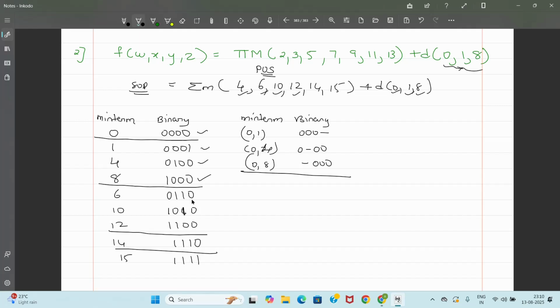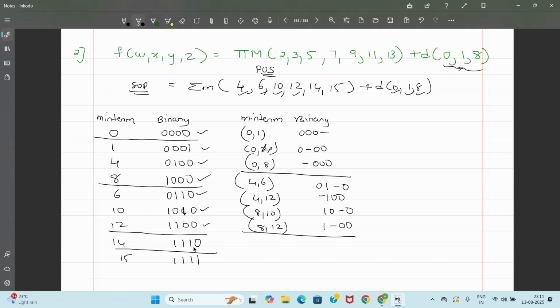Next, 1 with 6, no. 1 with 10, no. 1 with 12, no. Cannot be done. 4 with 6, yes. 4 with 6, 0, 1 dash 0. 4 with 10, no. 4 with 12, yes. Dash 1, 0, 0. Okay, next. 8 with 6, no. 8 with 10, yes. 1, 0 dash 0. 8 with 12, yes. Can be combined. Okay, this group is also done.